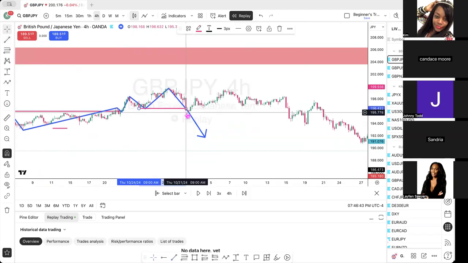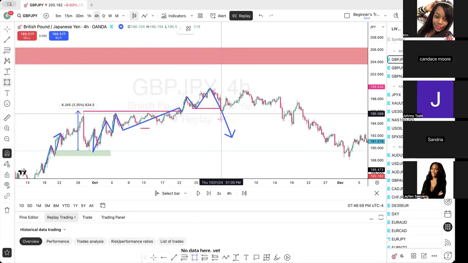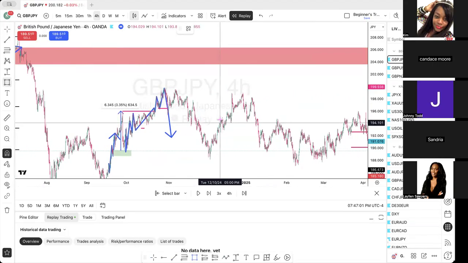Price closed below this low, this swing low, you got the break of structure here, the swing low, the swing high. Once price shifted structure, you can trade the pullback, but we know that price is still bullish.